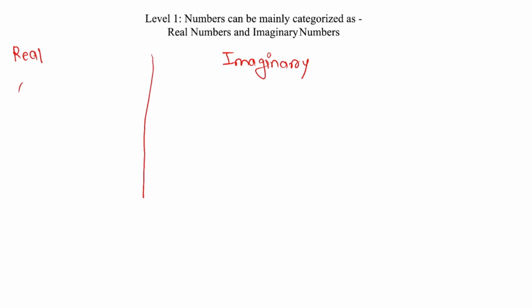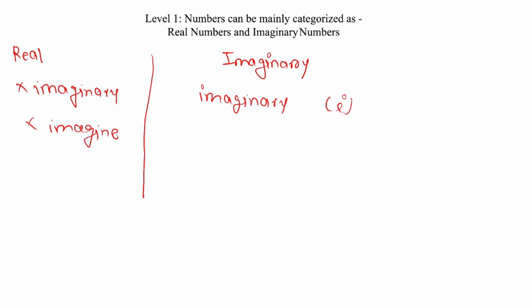Real is not having any imaginary parameter, while imaginary is having an imaginary parameter, and what we learn about that imaginary parameter is iota, that is a small i. Here we don't have to imagine anything to get the output of the expression, whereas here we need to imagine or assume some value to conclude our expression.